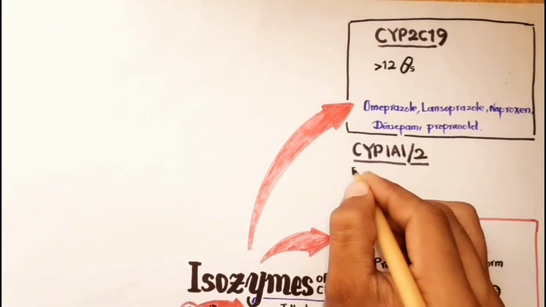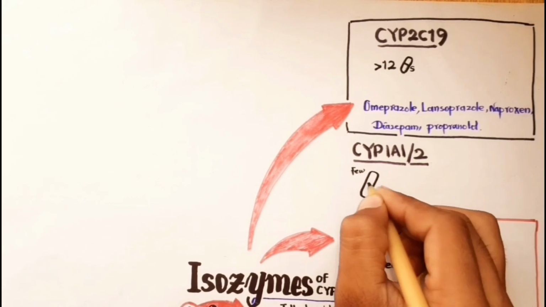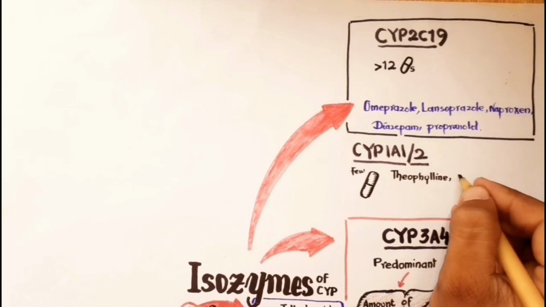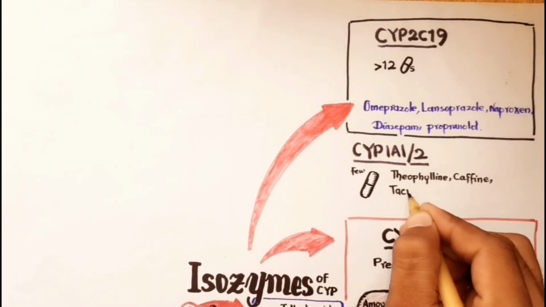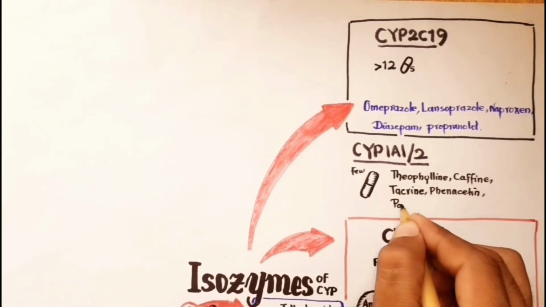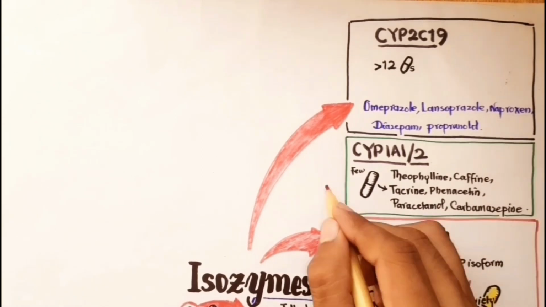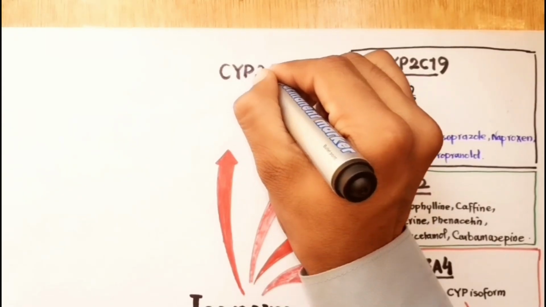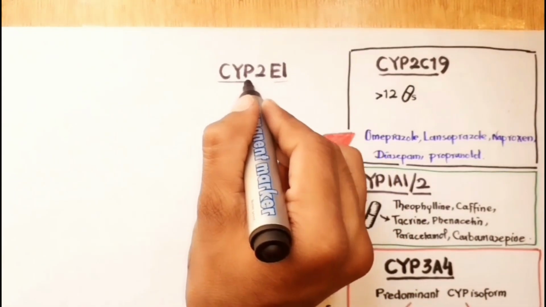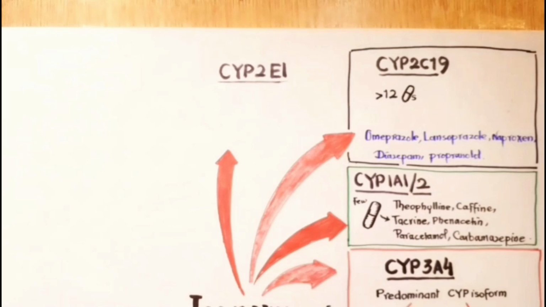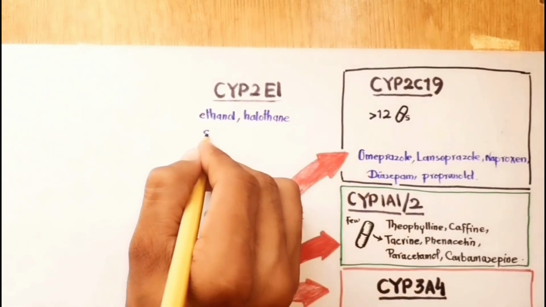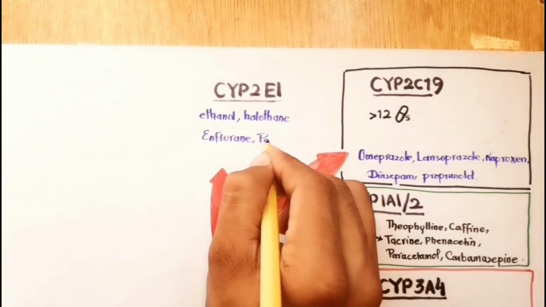CYP1A1 and its subfamilies take part in the metabolism of only few drugs like theophylline, caffeine, tacrine, phenacetin, paracetamol, and carbamazepine. CYP2E1 isoform catalyzes metabolism of only few drugs like ethanol, halothane, enflurane, and paracetamol.